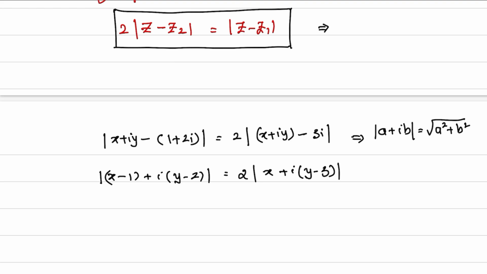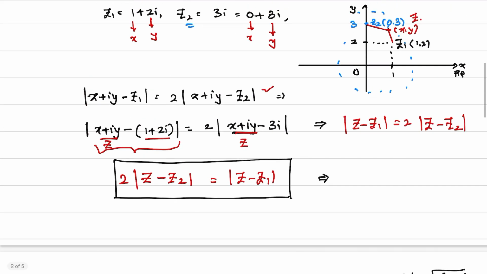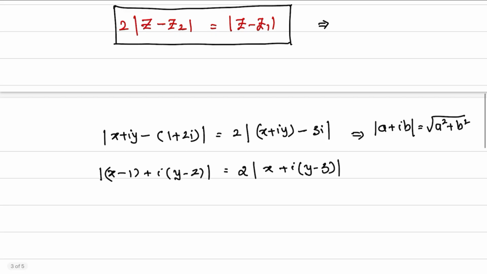This is the distance O to Z1, and this is O to Z. Now a is known, b is known, so the square root of a square plus b square we can find out.